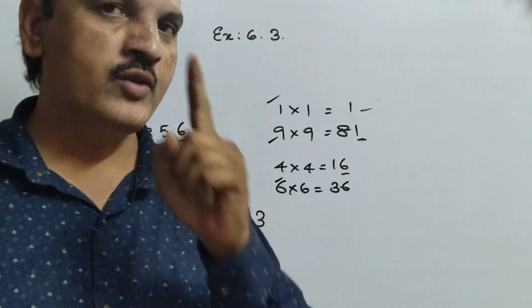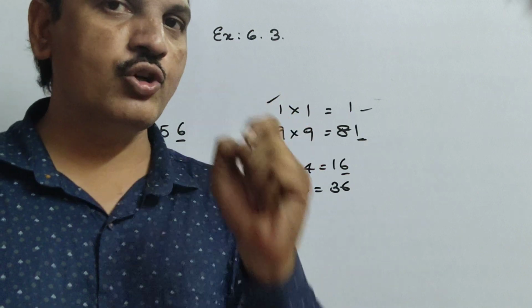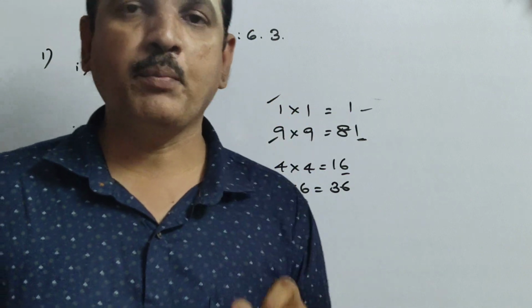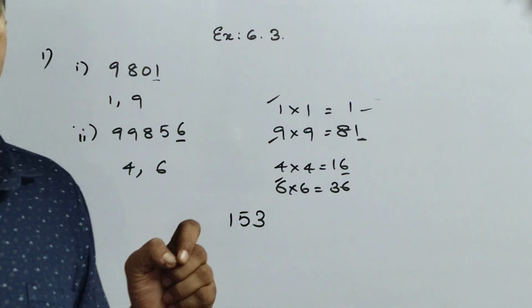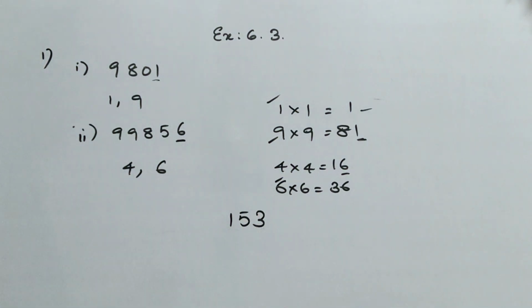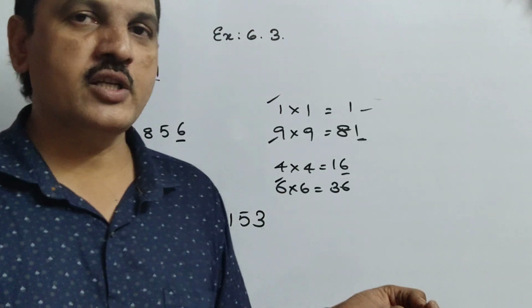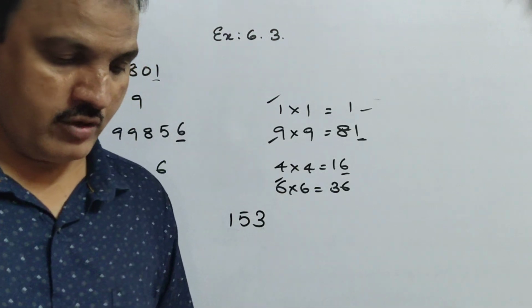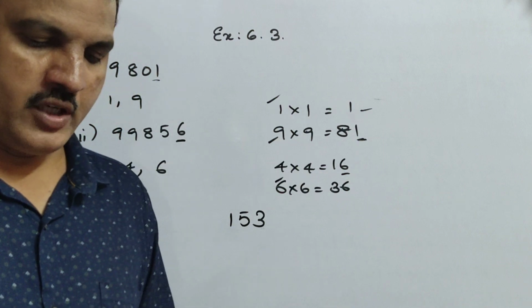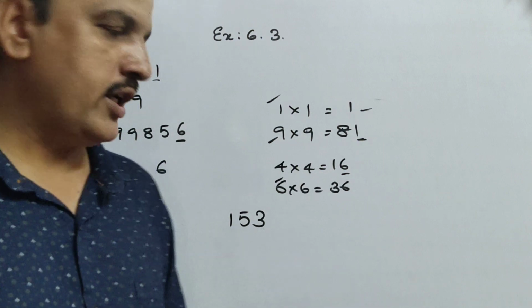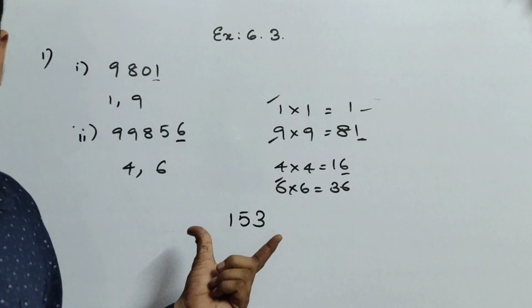For that only you got one doubt. Sir, if there is 0 in the units place, whether it is a perfect square or not. Okay, 2, 3, 8 something like that is there in the units place. As I told you, they will not come under perfect squares. The question is now, without doing any calculation, find the numbers which are surely not perfect square. And 153 is not a perfect square.